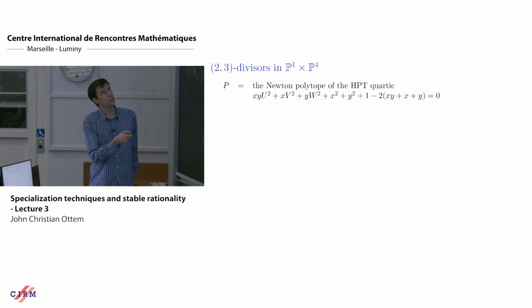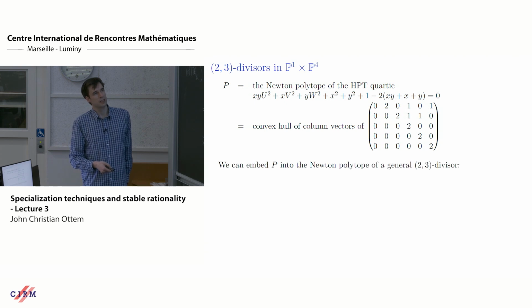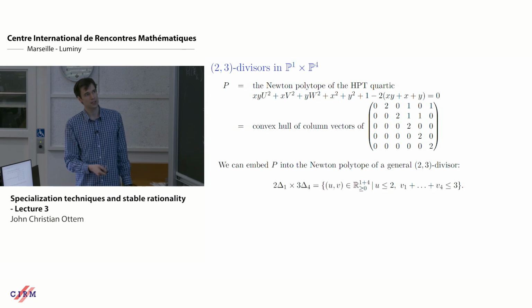So if we let P be the Newton polytope of this irrational equation, well, this is what it is. It's the columns of that matrix here. Then the nice thing is that we can embed that polytope as a smaller polytope inside the general 2-3 product polytope. So this is the 2-3 polytope. That would correspond to P1 cross P4 and hypersurfaces of degree 2-3.